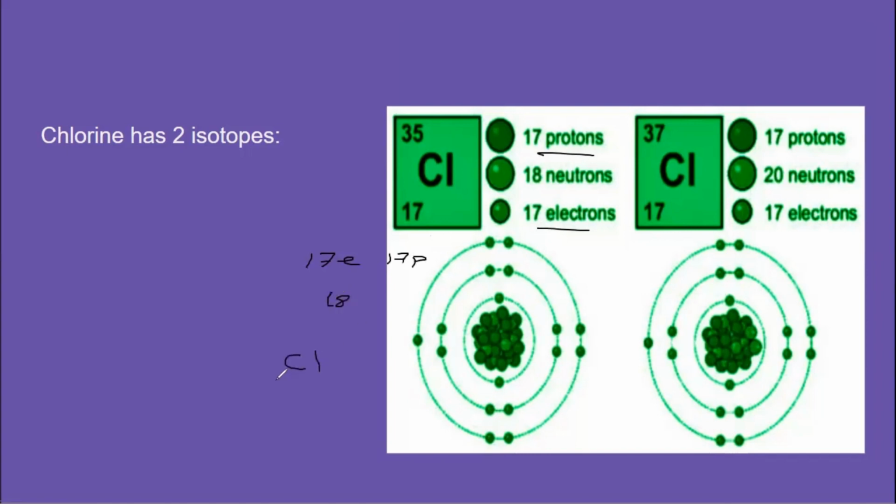So the atomic number is the number of protons, that will be 17, and the atomic mass is P plus N. So 17 plus 18 will be 35. And another type of particle has the same 17 electrons and 17 protons, but the number of neutrons is 20. So it will be chlorine, 17, and 20 plus 17 will be 37.